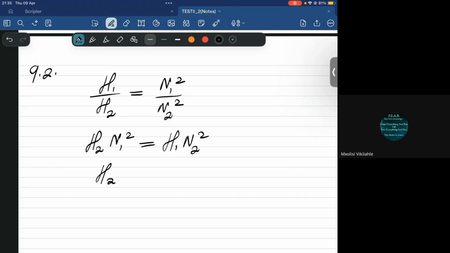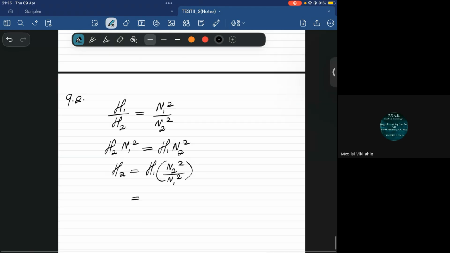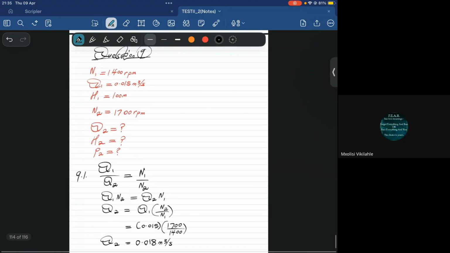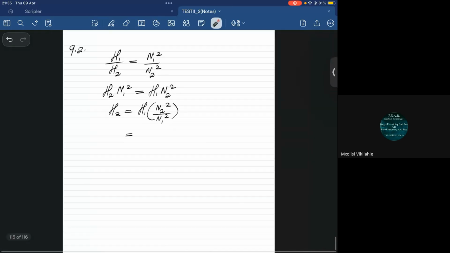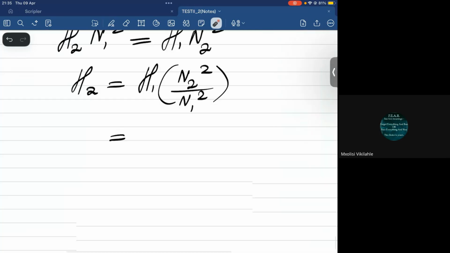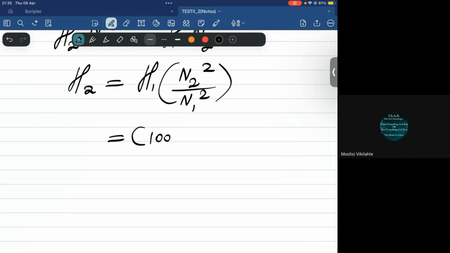Therefore H2 is equal to H1 times N2 squared divided by N1 squared. So let's substitute. Our initial head was 100 meters. Since head is directly proportional to the impeller speed and the speed has increased, the head must also increase.